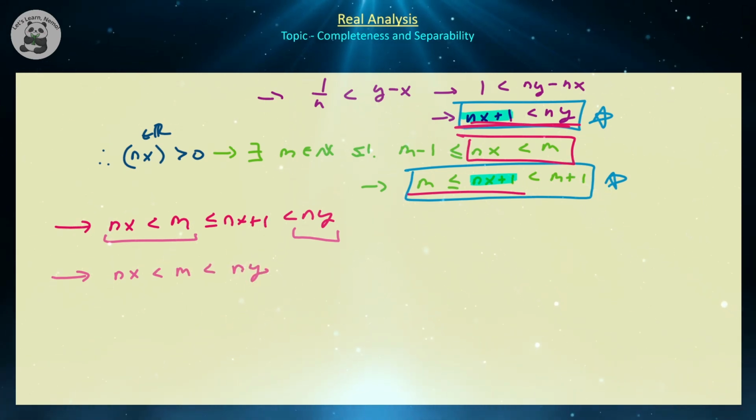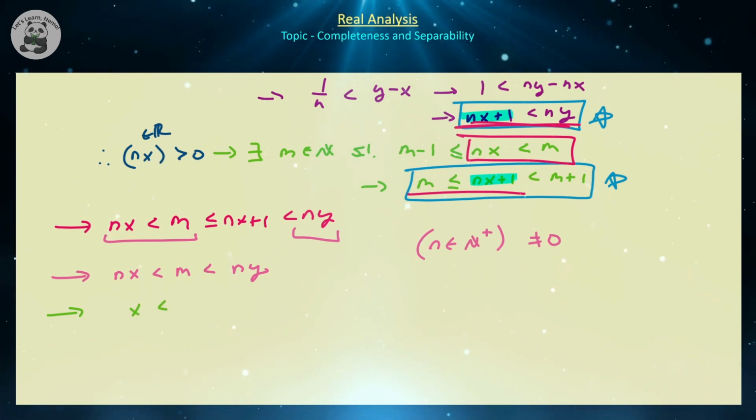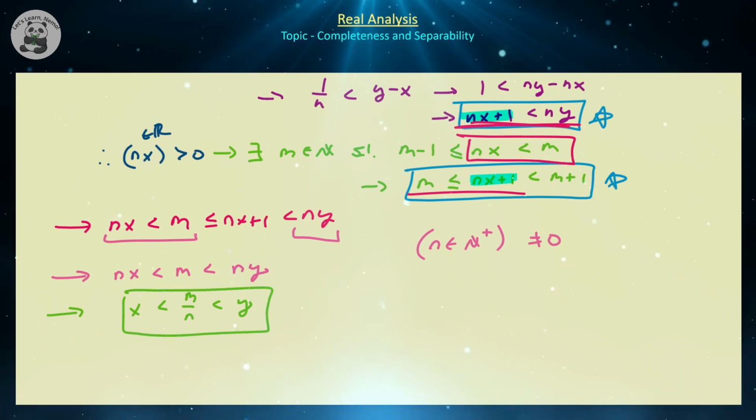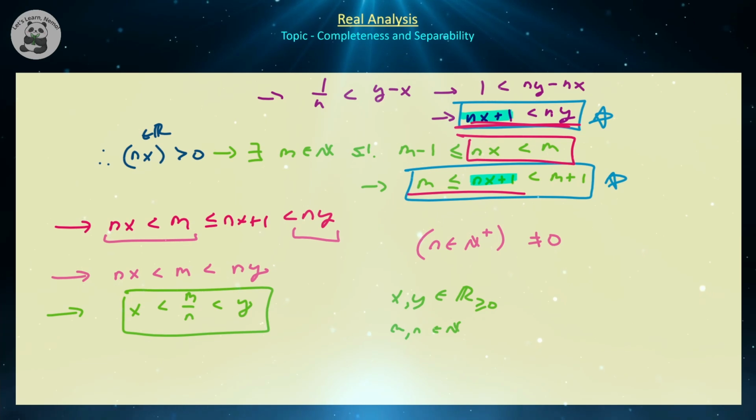Since n is a positive natural number, that means that n is not equal to 0. So I can divide both sides by this n. So I'm going to have x is less than m over n, and that's going to be less than y. Keep in mind that x and y were chosen to be non-negative real numbers, and m and n were chosen to be natural numbers.